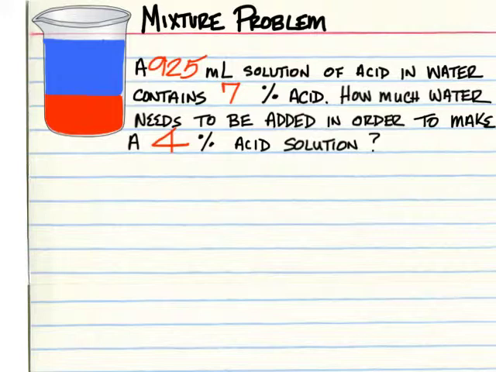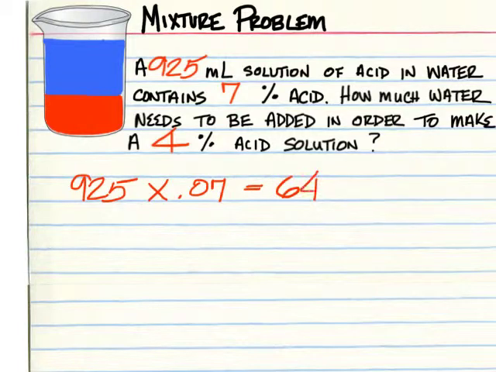You have 925 milliliters and 7% are acid, so we need 925 times 0.07. 925 times 0.07 is going to be 64.75. That's how many milliliters we have in acid right now. But it must be 4% of the total volume of the contents of that jar.